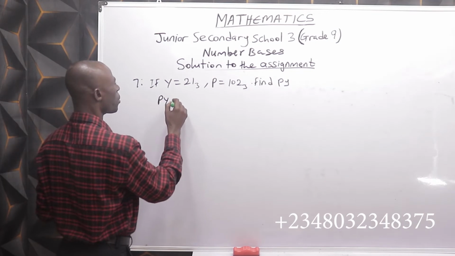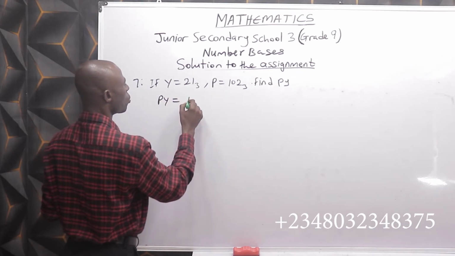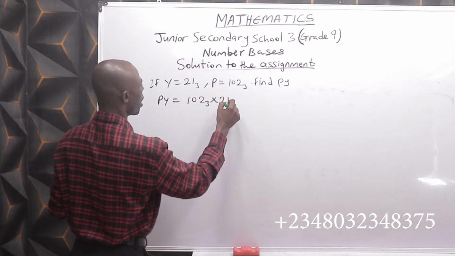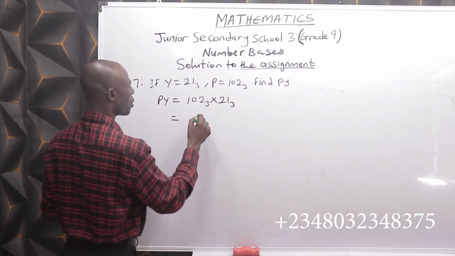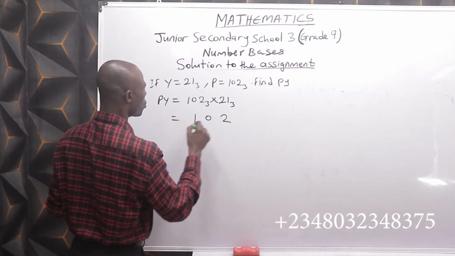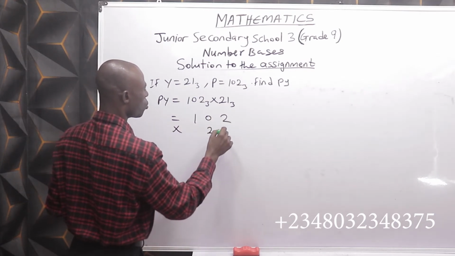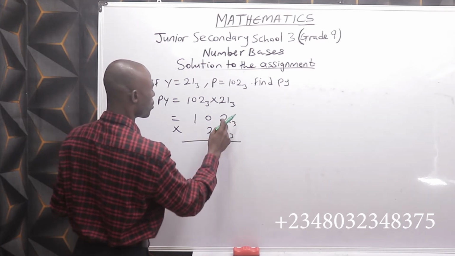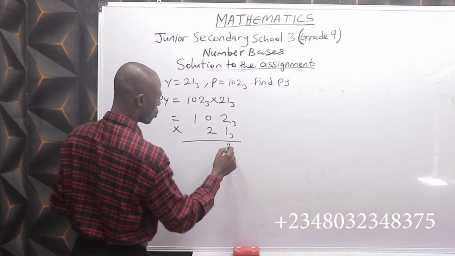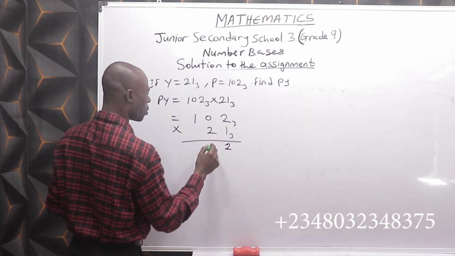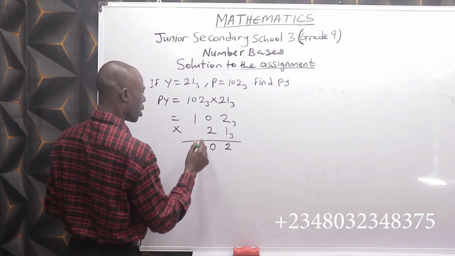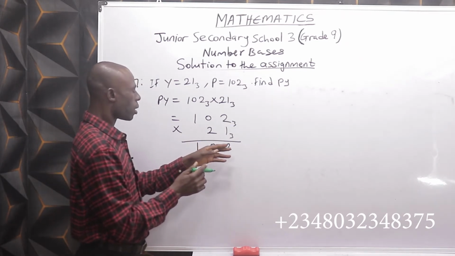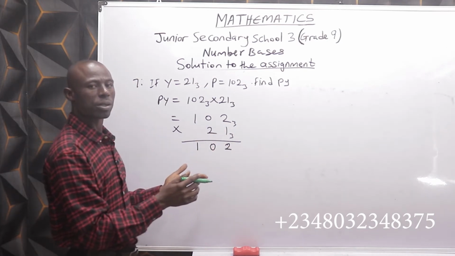Py means 102 base 3 times 21 base 3, which is 102 times 21 base 3. 1 times 2, that's 2. 1 times 0, 0. 1 times 1, 1. We write them down straight because they are not up to our base.